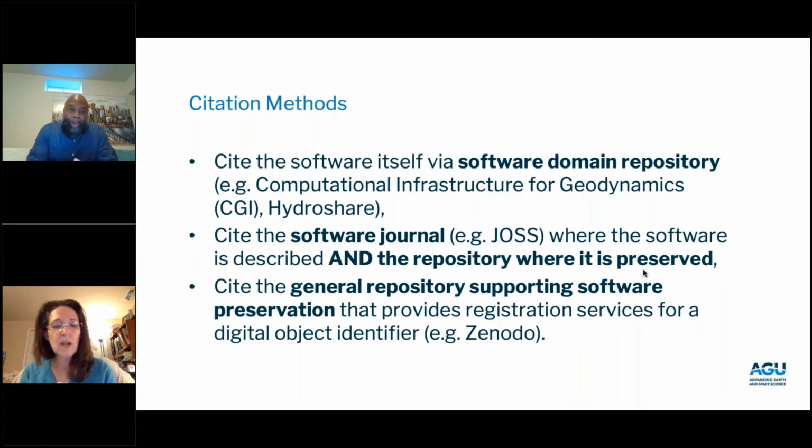And then there's one that's maybe even a little more used, the GitHub Zenodo connection, where you would have a general repository like Zenodo that supports software preservation. And there are others that also support software preservation, just to be very straight up.